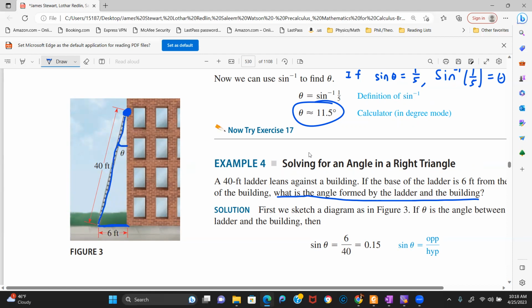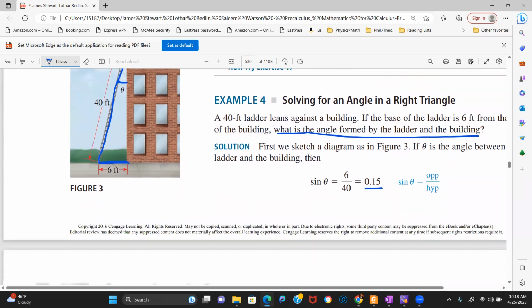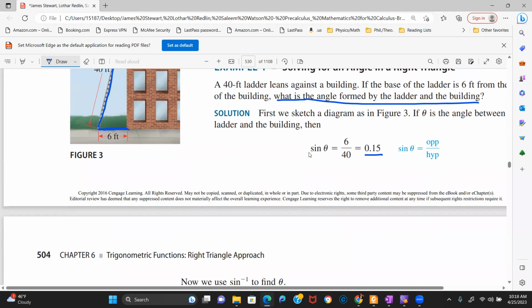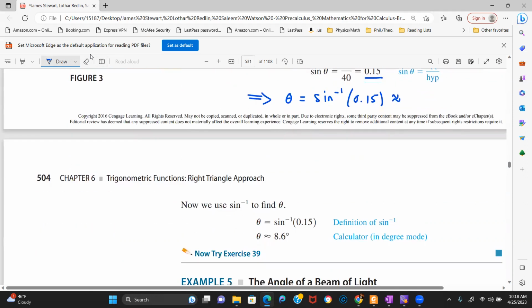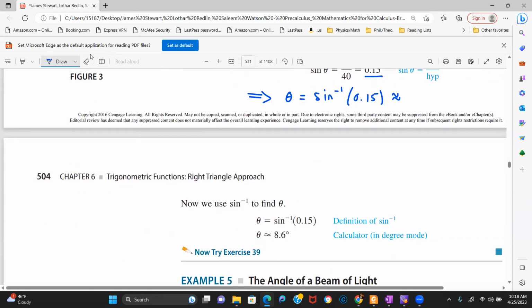So sine of theta is going to be 6/40, which is approximately 0.15. Then theta, which is what we're trying to find, is equal to sine inverse of 0.15. I'm not going to do the calculation, but it looks like they get 8.6 degrees.